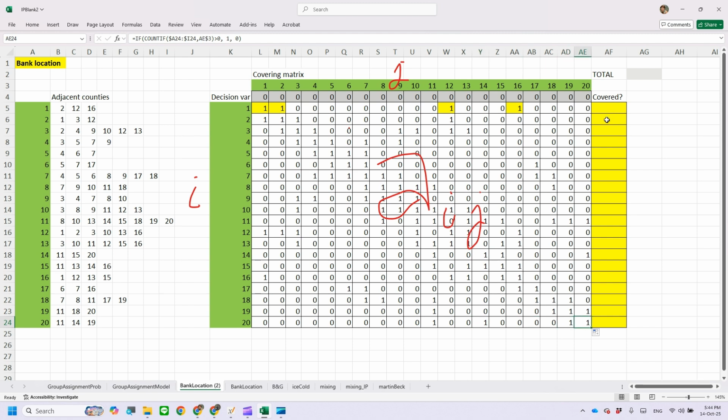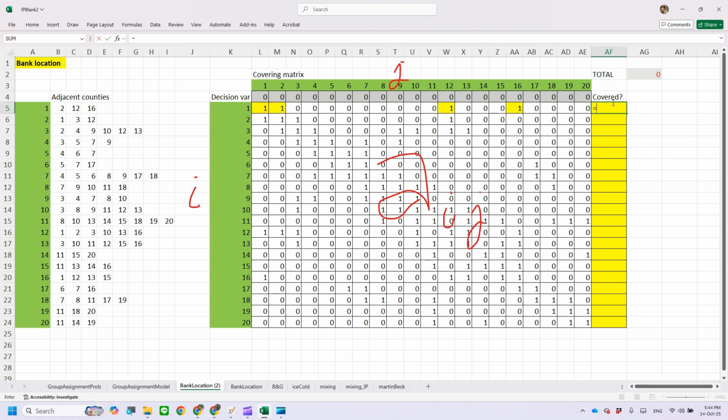Okay, so this is our decision variables. These are binary, either 0 or 1. So the objective is to find how many bank branches we need. So we sum this. Okay, this is the objective, and we want to check if every county is covered. So we can just do essentially A11 Y1, A12 Y2, and so on.